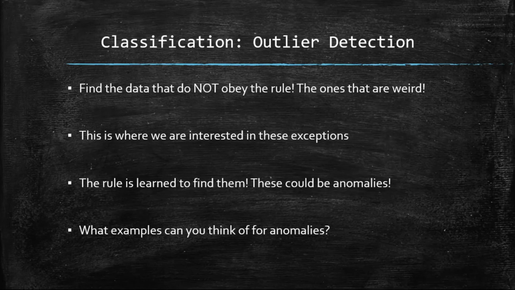And finally, the final application of classification that we're going to focus on is called outlier detection. So basically, you want to figure out if there is an anomaly in your system, whatever it is.